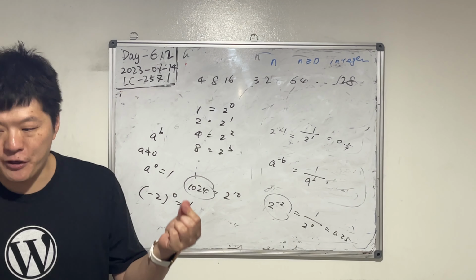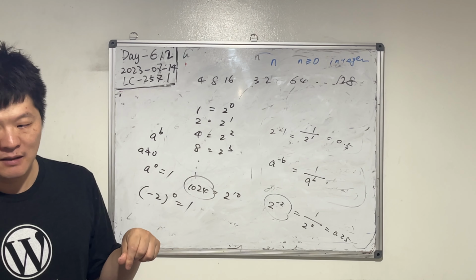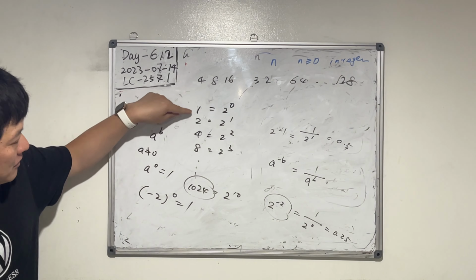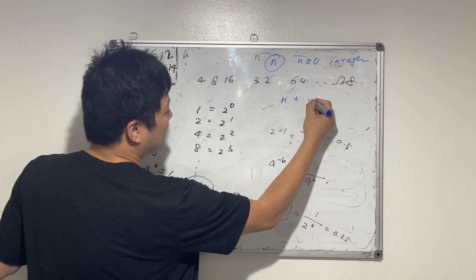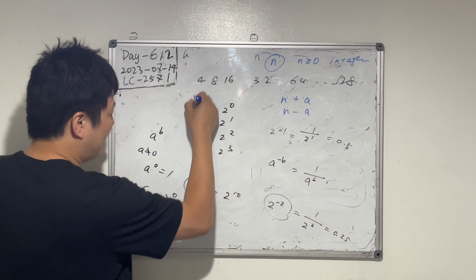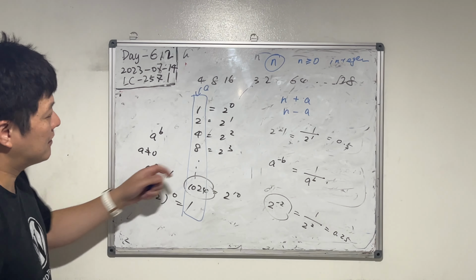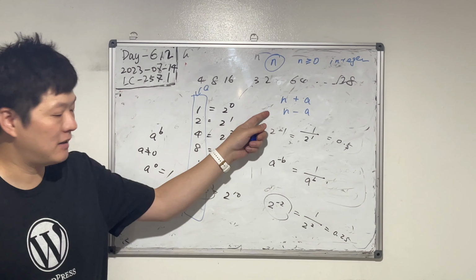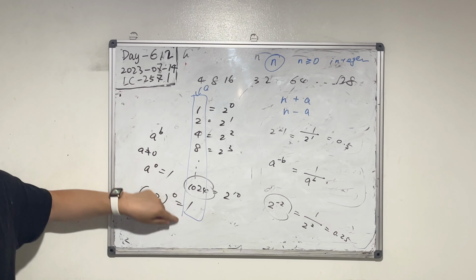At one operation, you can do n plus a or n minus a, where a is a power of 2. So a is one of these numbers, a power of 2.